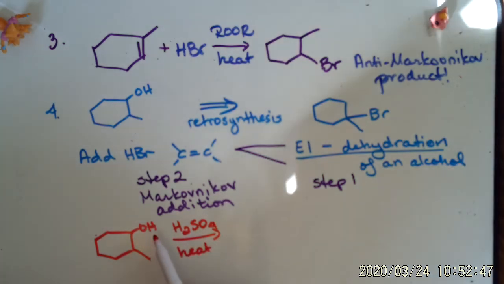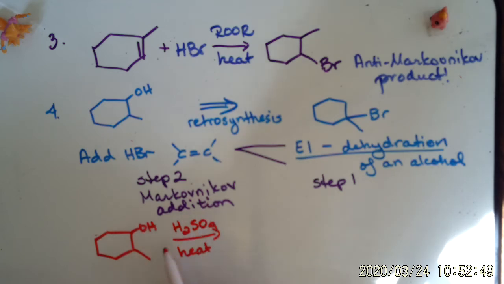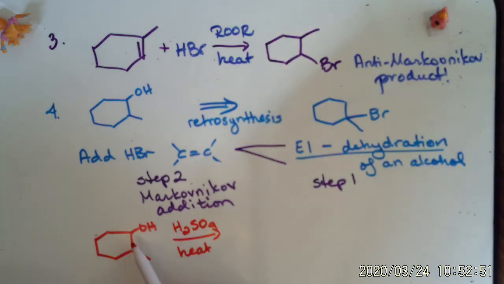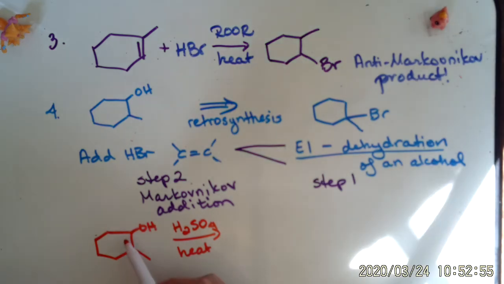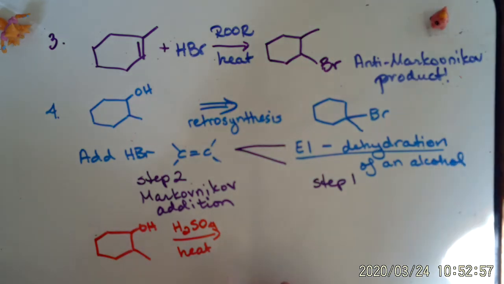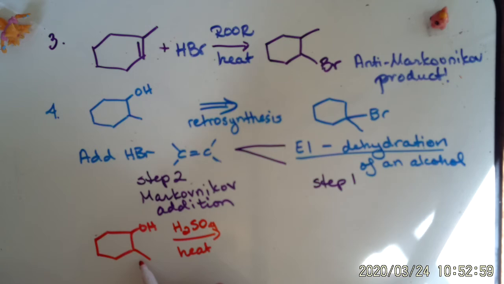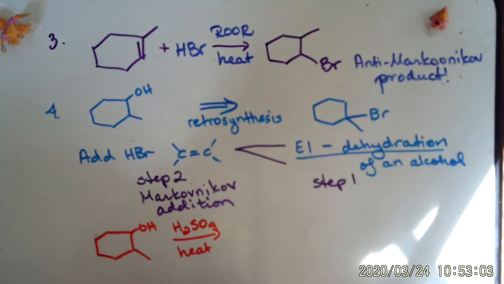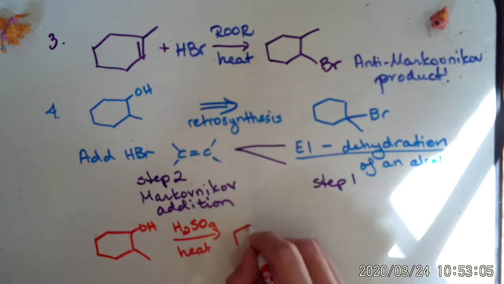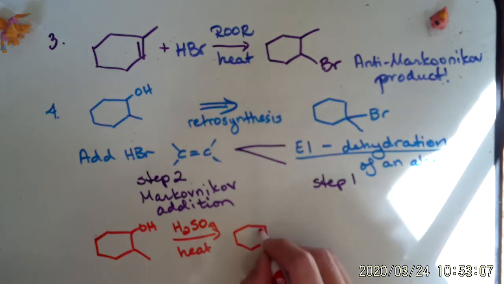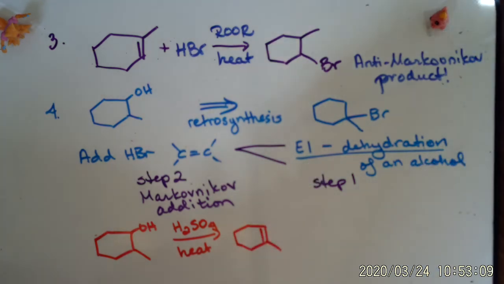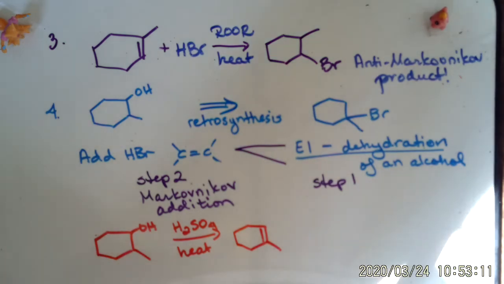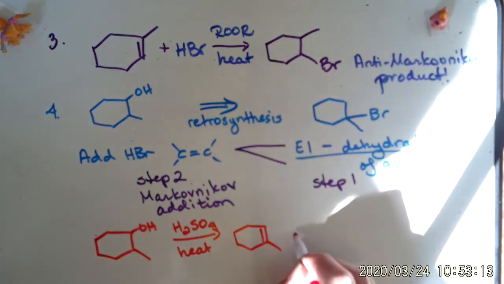What happens is you lose your water, then you get a hydride shift, form your tertiary carbocation, you get this product or that product. This is not the most stable because that's not a Zaitsev product. The Zaitsev product goes here. So you know what you're going to get is that. Okay, so let me just finish your synthesis.